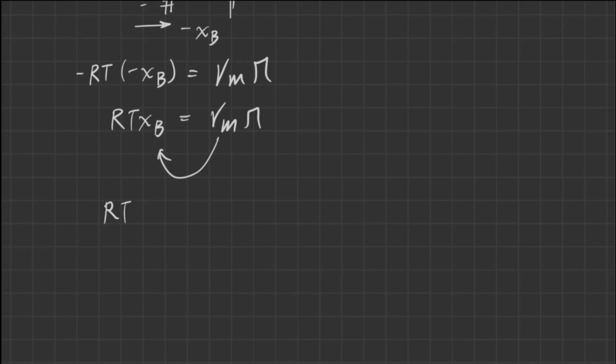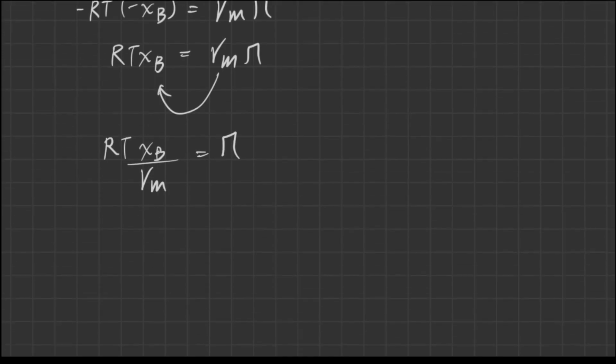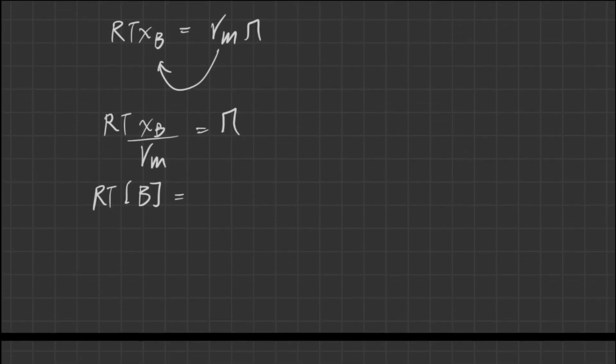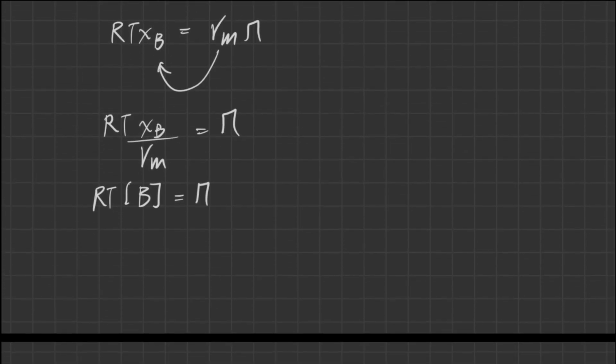So RT xB. Okay, I'll just write it out so it's clear. It's equal to the osmotic pressure, RT, molar concentration of B, moles per volume of solvent is equal to the osmotic pressure, and there you have it.